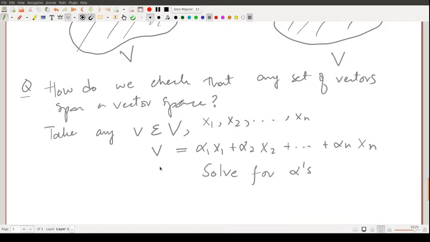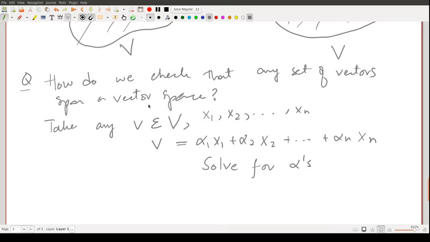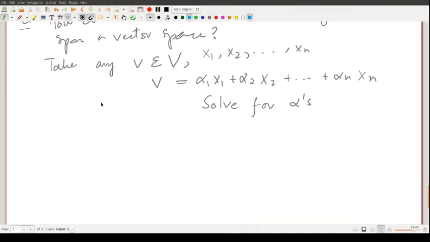Note that this has to be some general vector. So for example, let's take an example. Let's say you have a collection, x1 is some vector, x2 is some vector, and x3 is some vector. And let's suppose your vector space is R3, and so you just take some arbitrary vector v from R3.